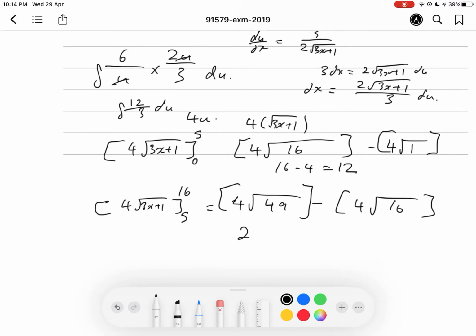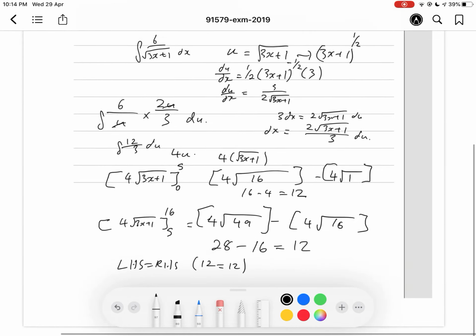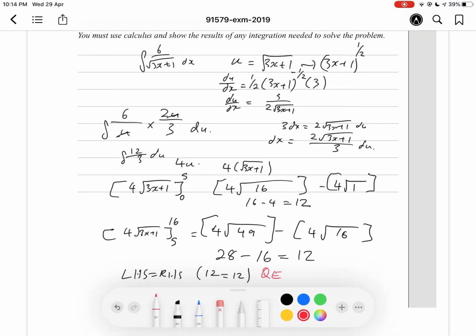Square root of 49 is 7. 7 times 4 is 28. 28 minus, square root of 16 is 4, 4 times 4 is 16. So 28 minus 16, that is also 12. So you can say that left-hand side equals right-hand side. So 12 equals 12, which means that the areas of A and B are equal. So we have done as required.